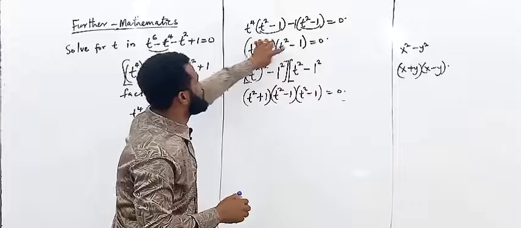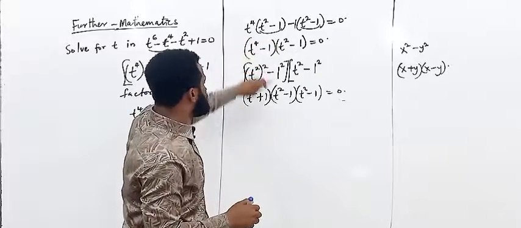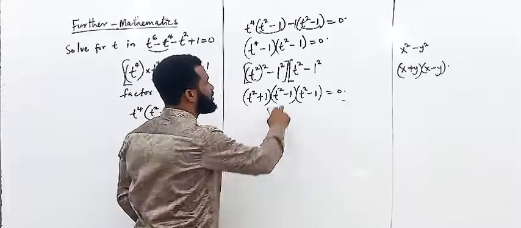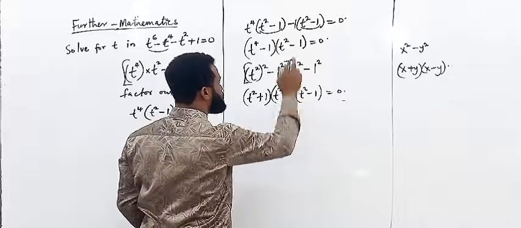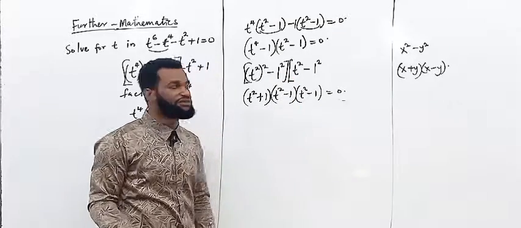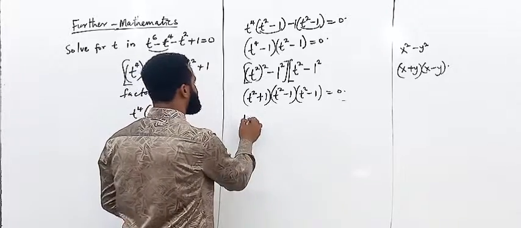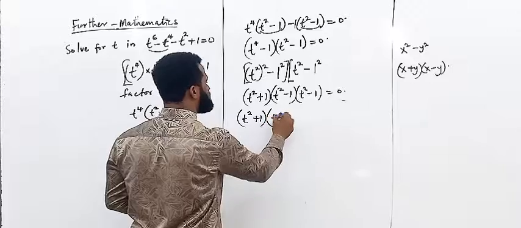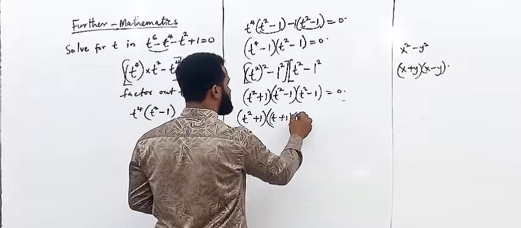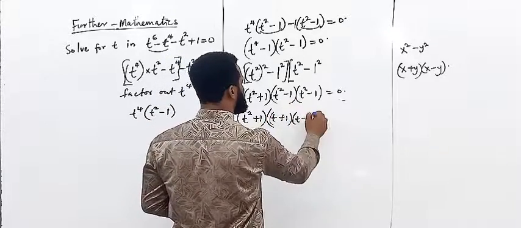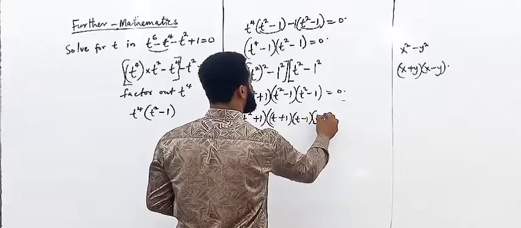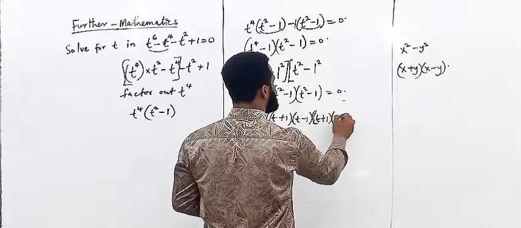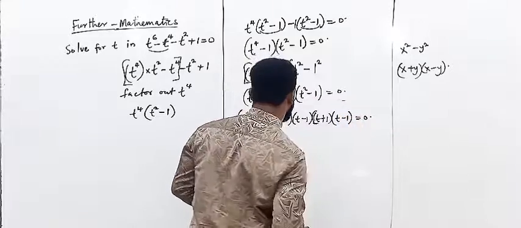Remember, this is just 2. I have made this to be this 2. Then this is still there. Now, if you also check very well, this and this can be opened in terms of difference of 2 squares. So I can still say that t squared plus 1 stays, this one is going to be t plus 1 bracket t minus 1, and this is also going to be t plus 1 bracket t minus 1, all equal to 0.